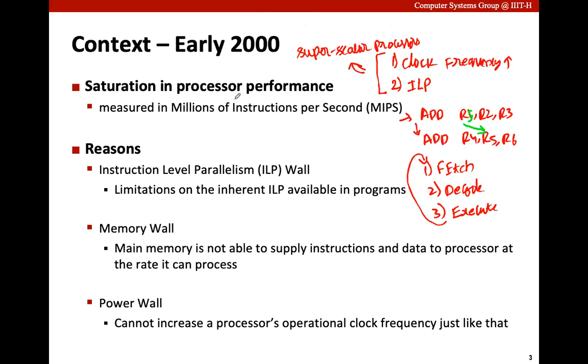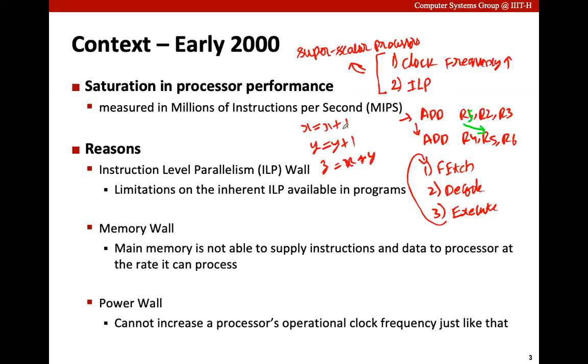For example, if you have something like x is equal to x plus 1, y is equal to y plus 1, then the instructions associated with these two statements can be executed in parallel. But it's not like we always have a sequence of statements which are independent of each other. Soon we will have something like x is equal to z is equal to x star y.